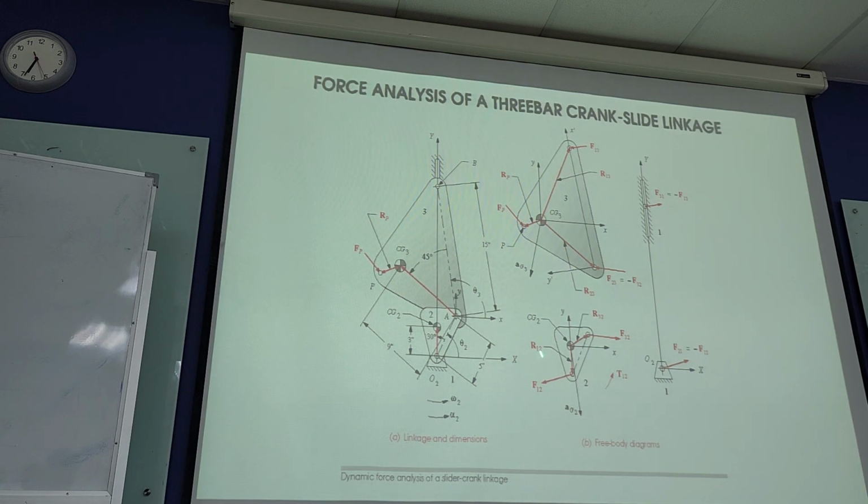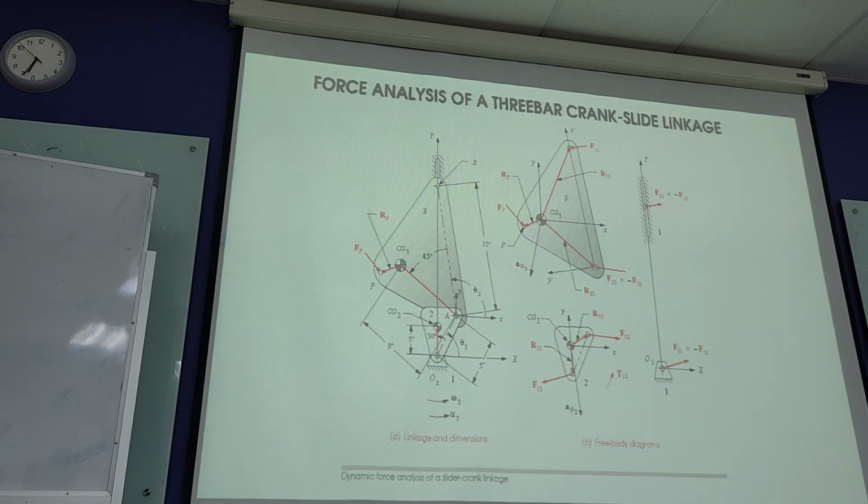Similarly link 2, as we have done in the previous case, you have two forces and there is an external torque. So you can write three scalar equations here. Similarly for link 3, you can draw similar scalar equations.